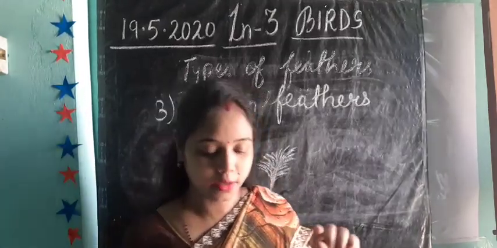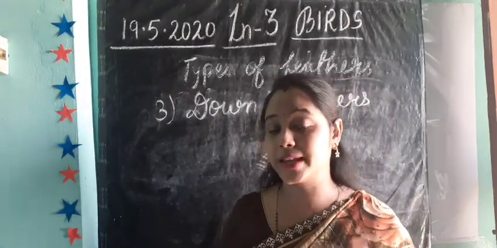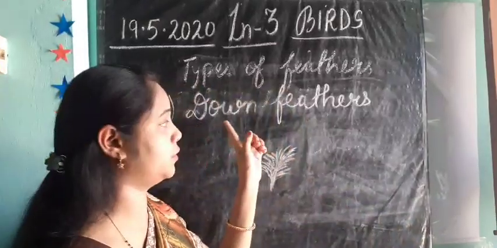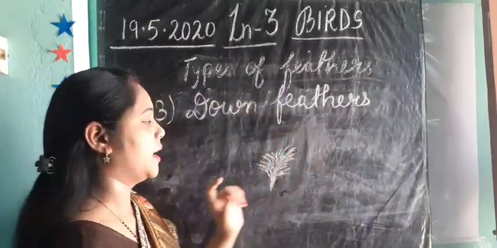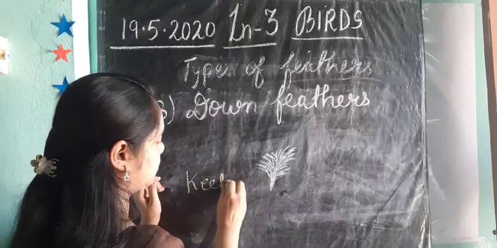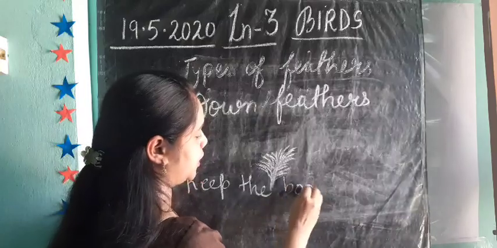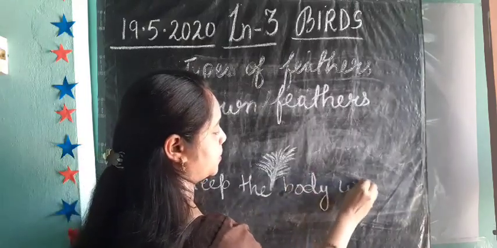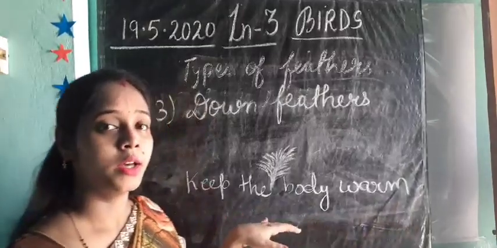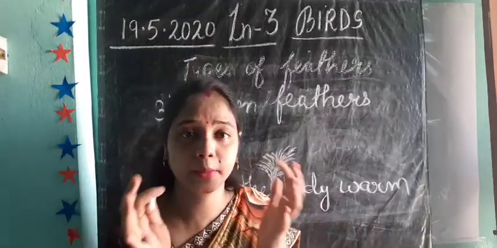And it helps the bird, it keeps the bird's body warm. The main function of down feathers is to keep the bird's body warm, okay? Garam karke rakhta hai.